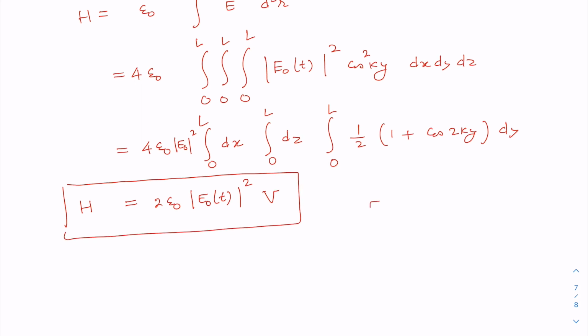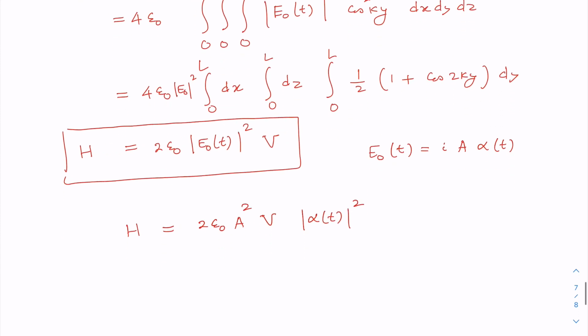Now because E0t is equal to iA alpha of t, as we defined earlier, we can write down this Hamiltonian in this form: twice epsilon 0 A squared V mod alpha of t whole squared.